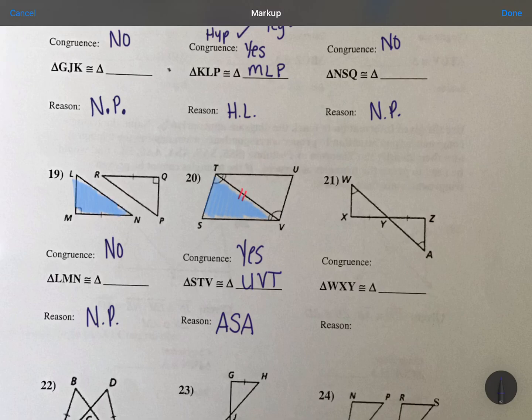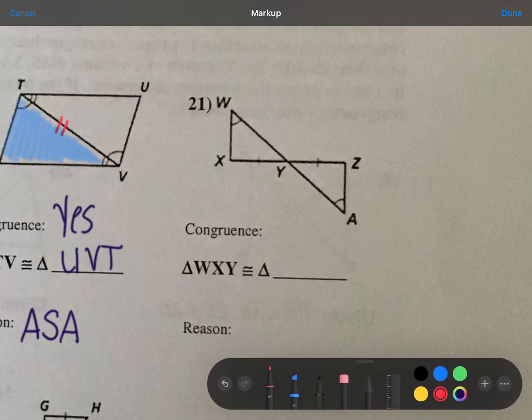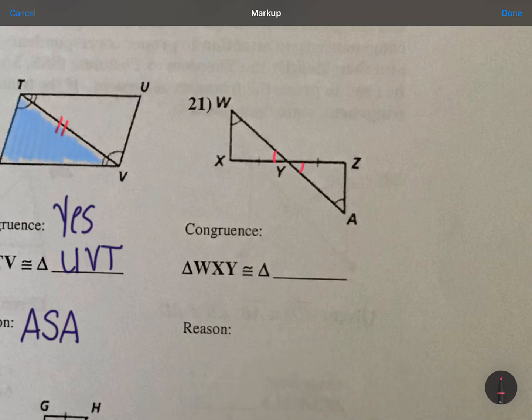Number 21, can I legally add anything? Yes. Give those 2 tick marks because 1 tick mark has already been used.